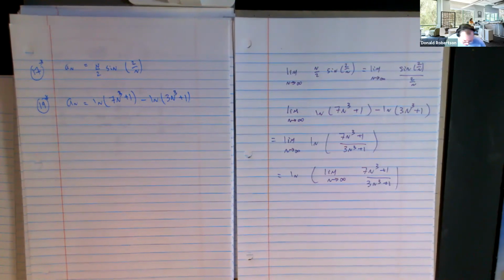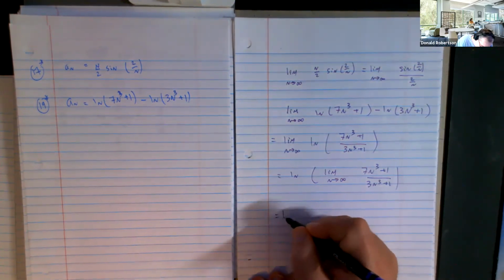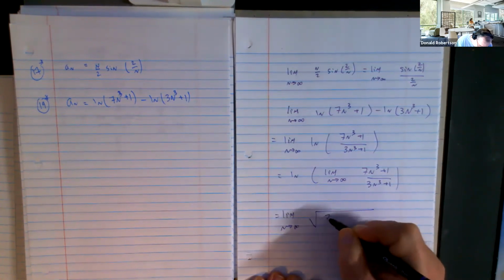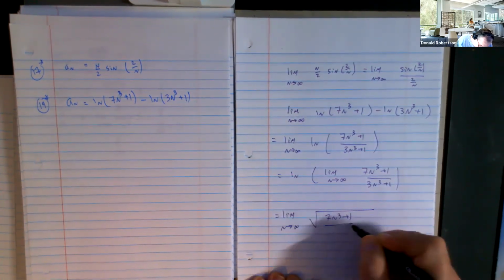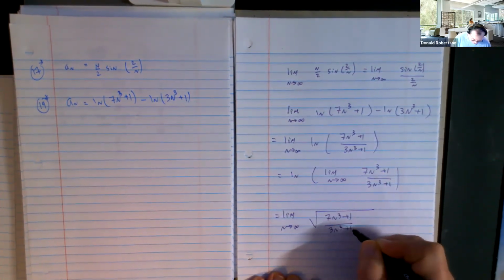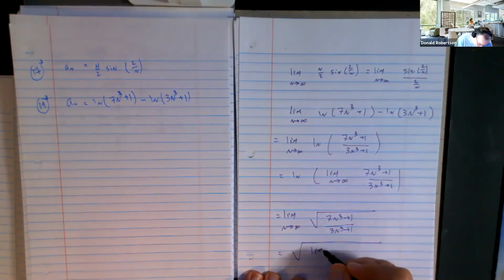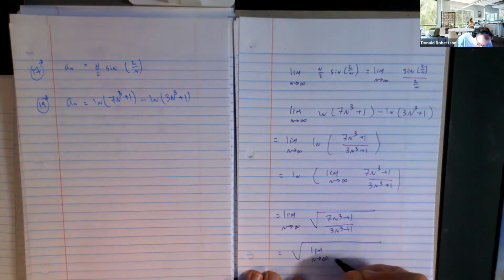Right? Now in that same vein, do you know if you wanted to know what the limit of this fella was? What you could do is switch the limit in the square root.